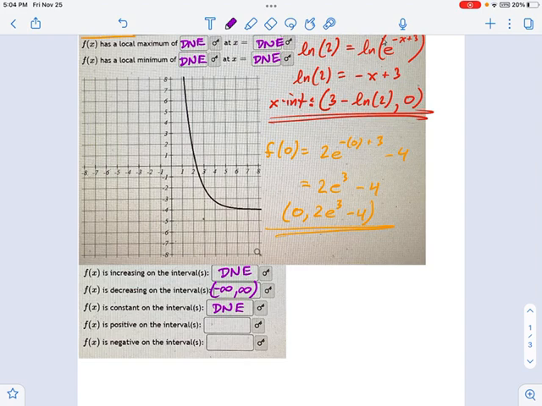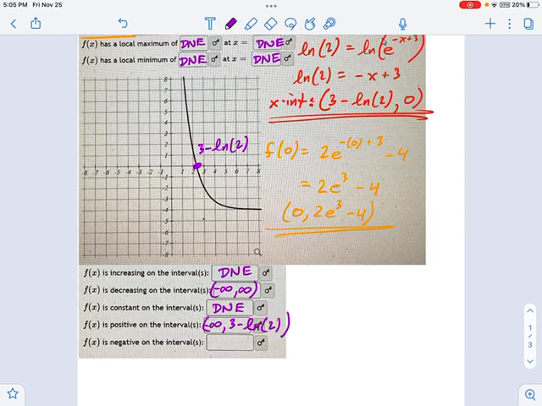And then in terms of positive and negative, this one is interesting. You have to look at that x-intercept that we found in here. What was that location? 3 minus natural log of 2. So anywhere to the left of that, it's positive. And we have to find some way of saying that. The way you do that is interval notation: negative infinity, comma, 3 minus natural log of 2.